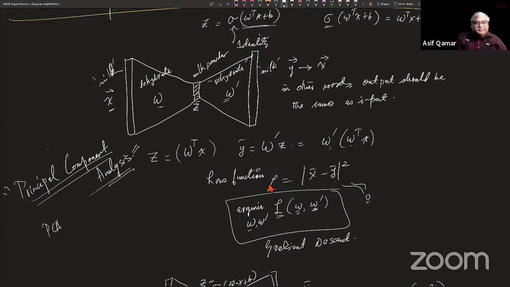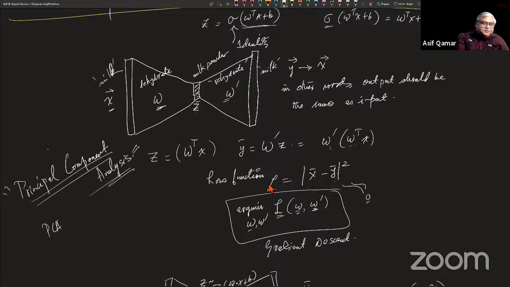Now, the principal component analysis is a special case in which there is no activation function, or identity activation function. So you apply a weight matrix here, you get the hidden variable, and if you apply a different weight matrix to the hidden variable, which is the transpose of it, you would end up getting back the original thing.